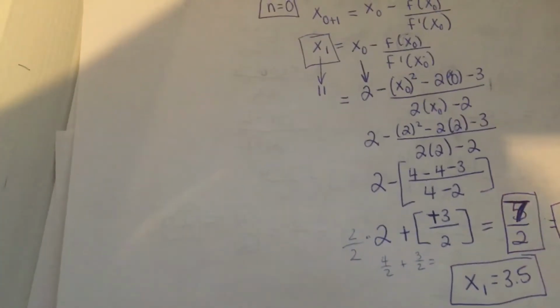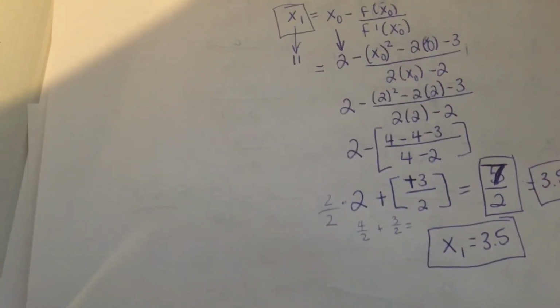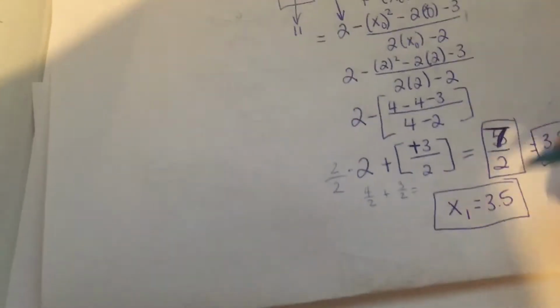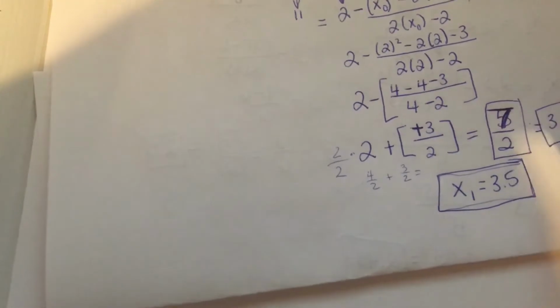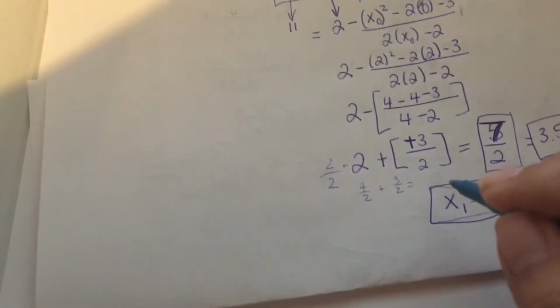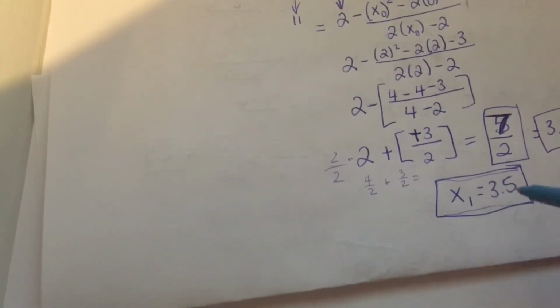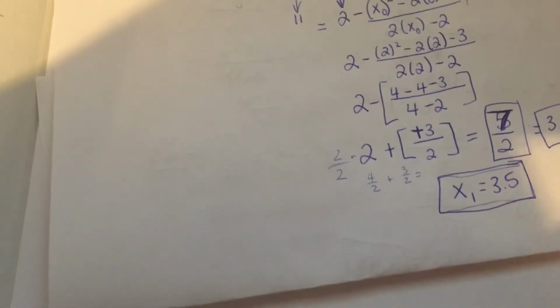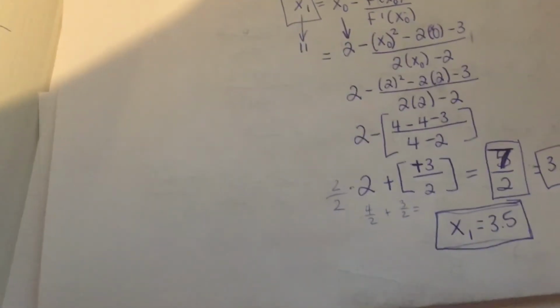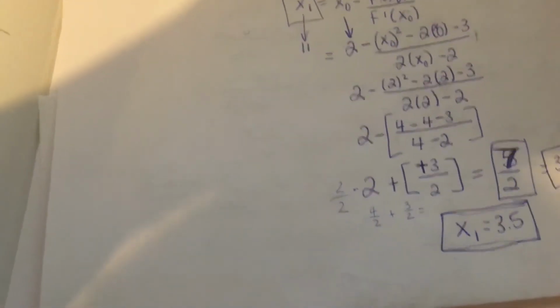So we're going to do the same thing for x sub 2. Remember this can all go wrong. If you find your x sub 1 wrong, then all your other values after x sub 1, so x sub 2, will be wrong too.